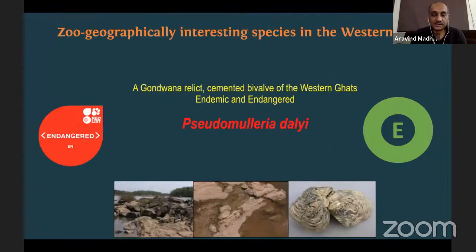And this is the only cemented bivalve in this whole of South Asia, and it has been assessed as endangered, and it's also an endemic.